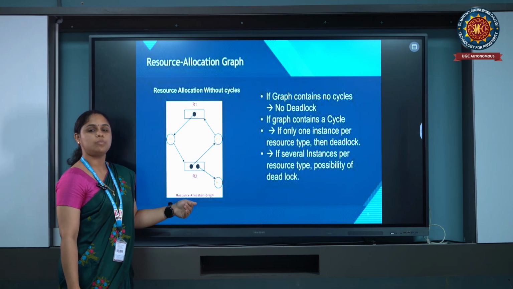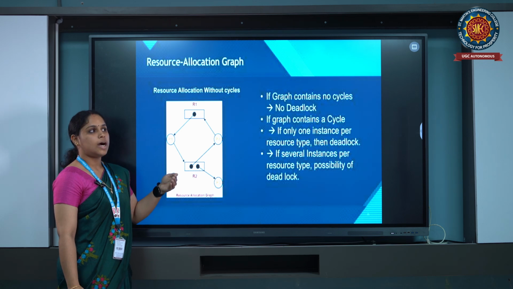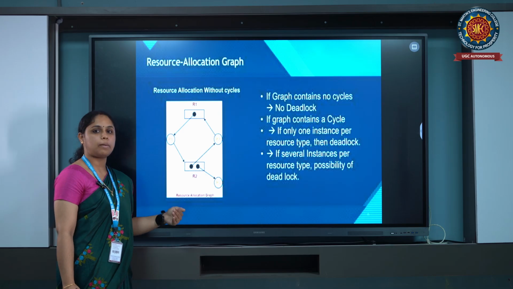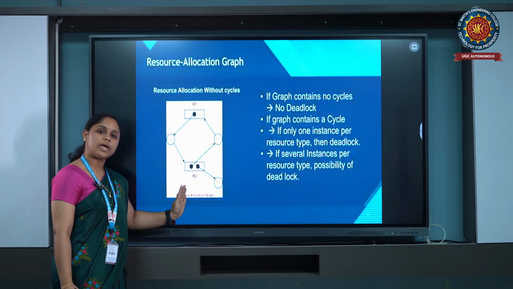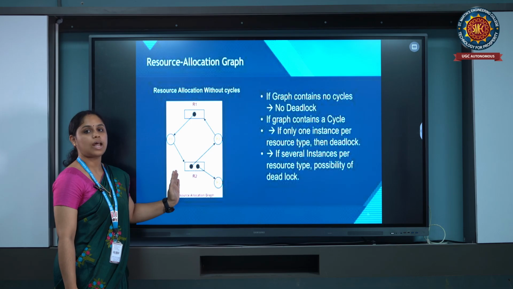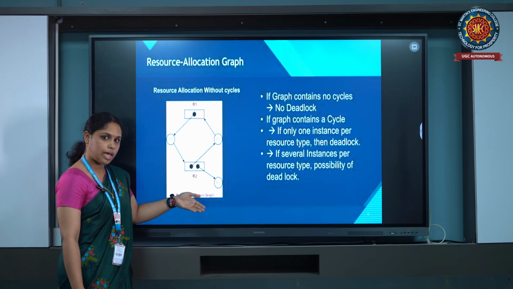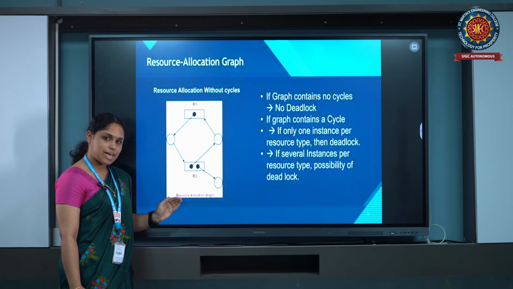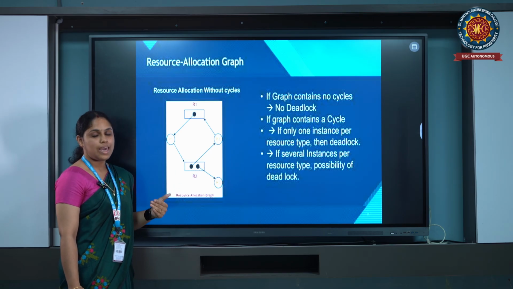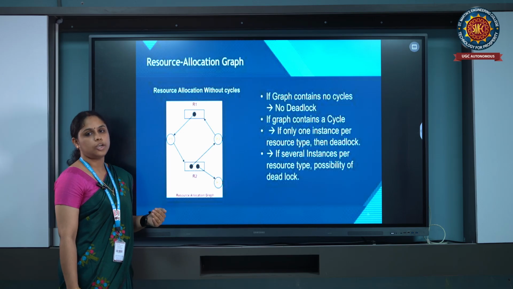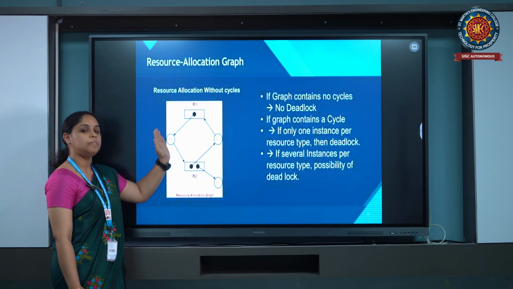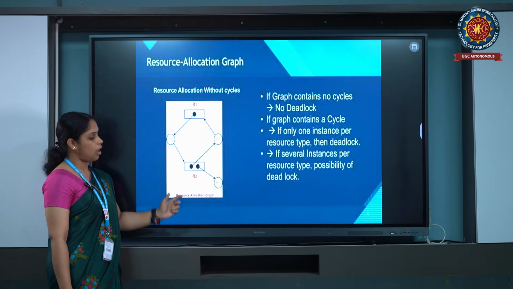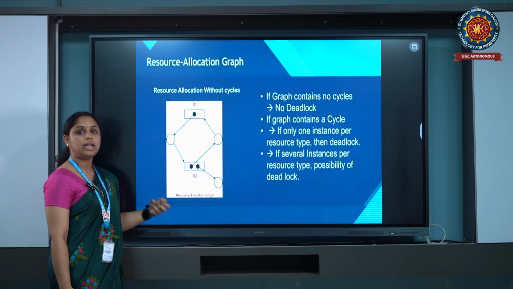Just assume that R2 is a file, which means there are multiple instances of the same file. One instance can be allocated to one process, and another instance can be allocated to another process. So if a resource has multiple instances, it reduces the possibility of deadlock. This is the representation of a resource allocation graph with multiple instances.